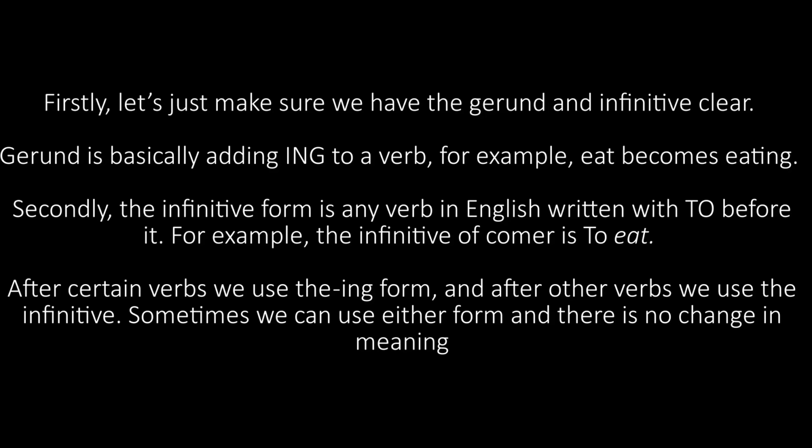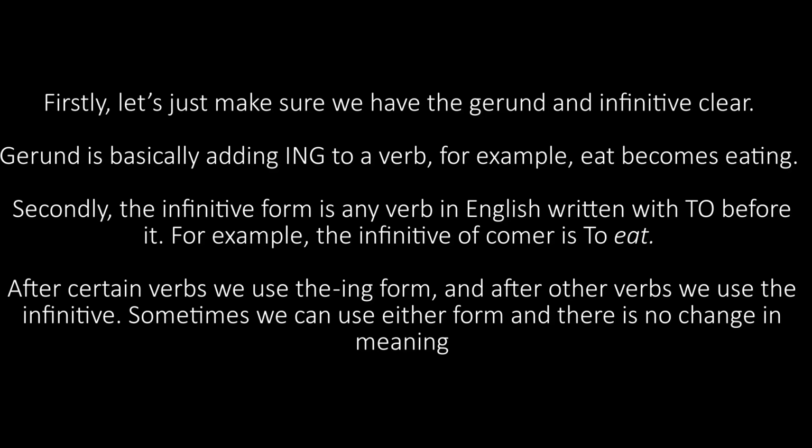So firstly, let's just make sure we have very clear what a gerund and infinitive are. So gerund is basically adding the ing to a verb. Okay, so for example, comer, eat, becomes eating. Okay, or to eat becomes eating. Secondly, the infinitive form is any verb in English written with to before it.